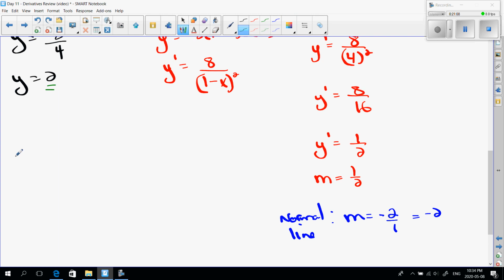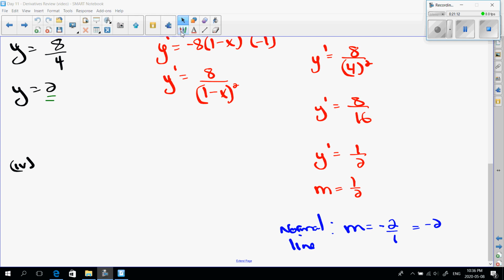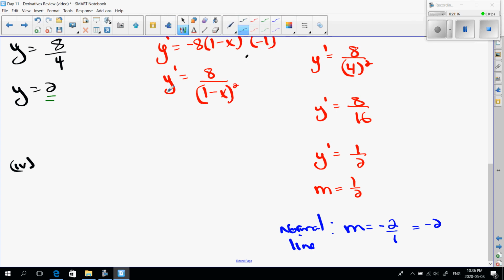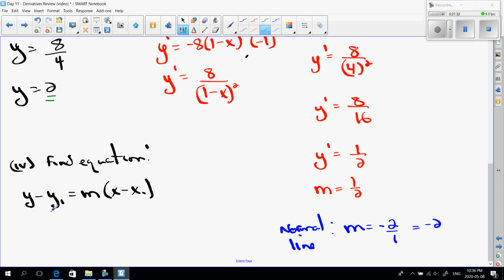So step 4 is to find the equation of a line. So I want to find the equation. And remember, the equation of any line is y minus y1 equals m onto x minus x1. So y1 is what I was given, or sorry, what I found in step 1.